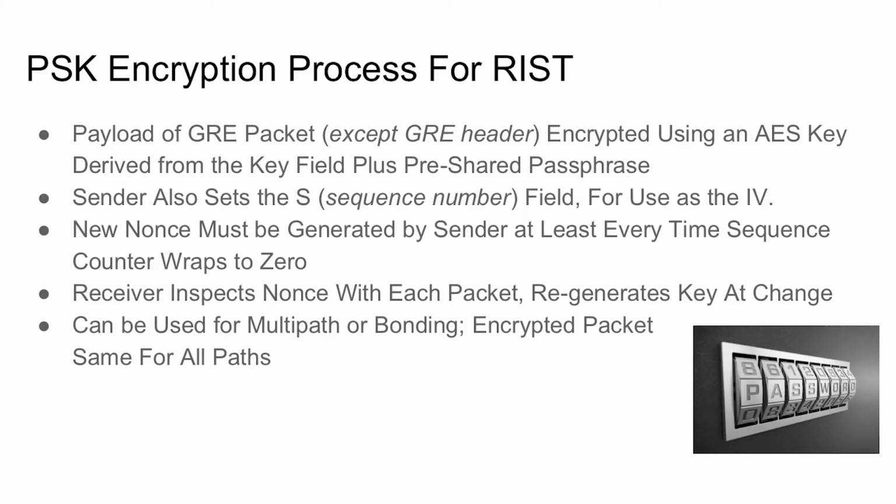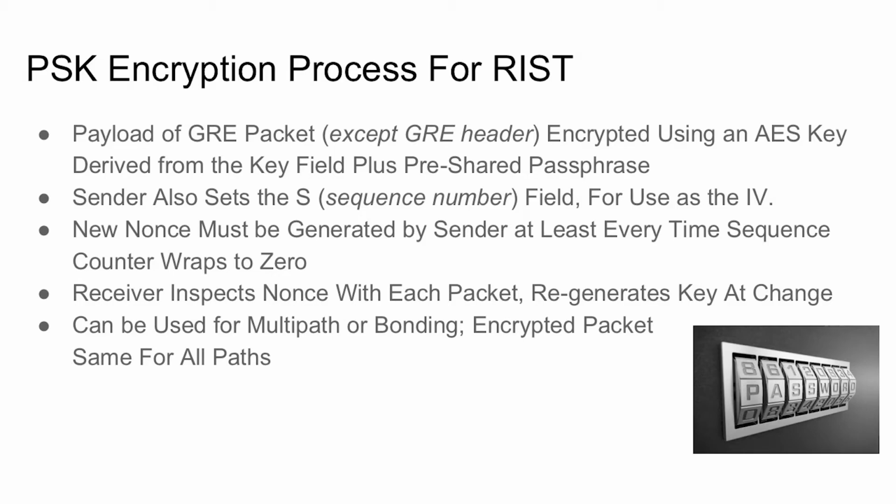Okay, PSK. We assume that the receiving side and the transmitting side have already shared a common passphrase. We also assume that this sharing has been done through some non-RIST form of communication. Once the tunnel is established, all the packets that pass through will have AES encrypted payloads.